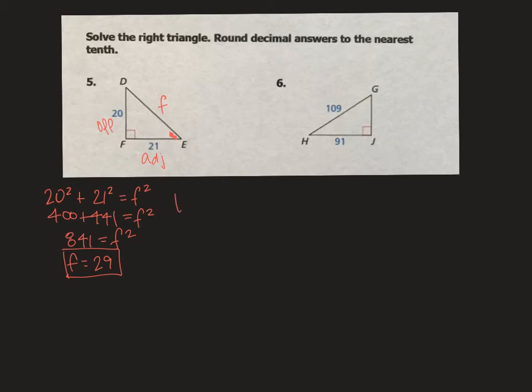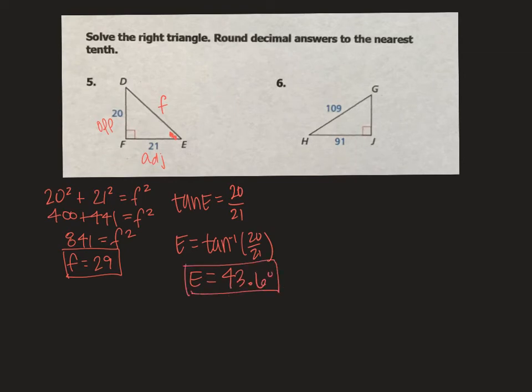So the tangent of angle E is going to be 20 over 21. I'm going to use that inverse tangent to solve for angle E. So second tangent, 20 divided by 21 to the nearest tenth is going to give me 43.6 degrees.